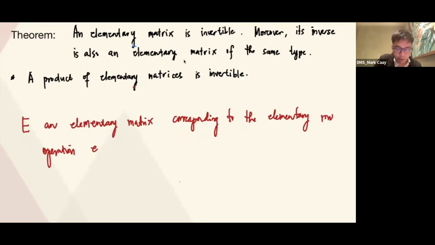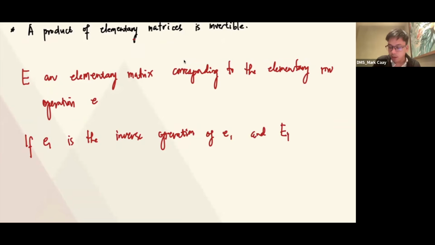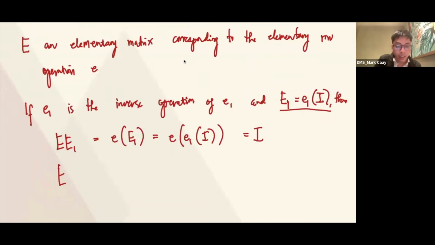So if E1 is the inverse operation ng A, and we let E1 equals E1 of I, then mangyayari, the product of this, I have this as E of E1, but again, your E1 is this, so I have E of E1 of I. This is the same as I. On a similar fashion, if I'm gonna have E1E, so this is the same as E1E, but this is E1 of E of I. Tama?